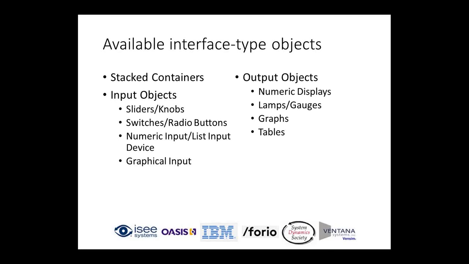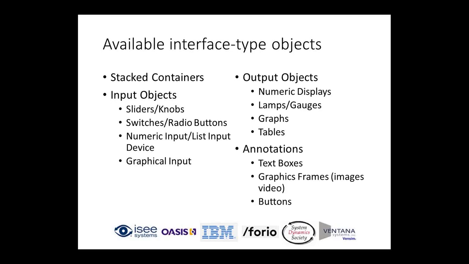We've got numeric displays, lamps, gauges, graphs, and tables. And then finally, we have our objects that don't necessarily perform any data-related functions, but provide visual or aesthetic cues which help the learning, such as text boxes, graphics frames for images or video, as well as buttons, which allow us to perform a variety of actions.